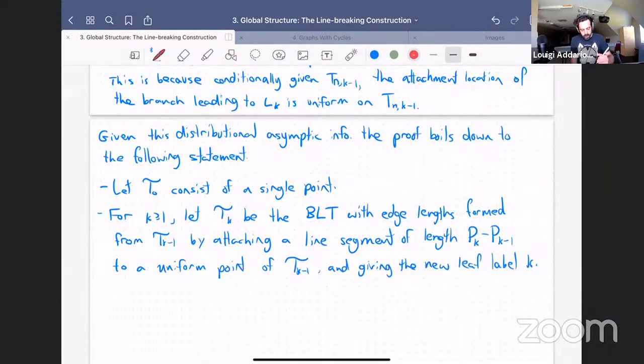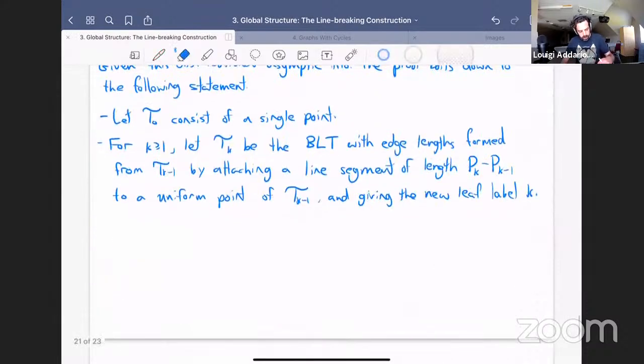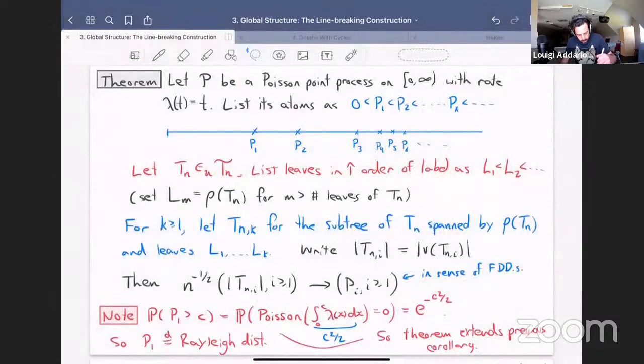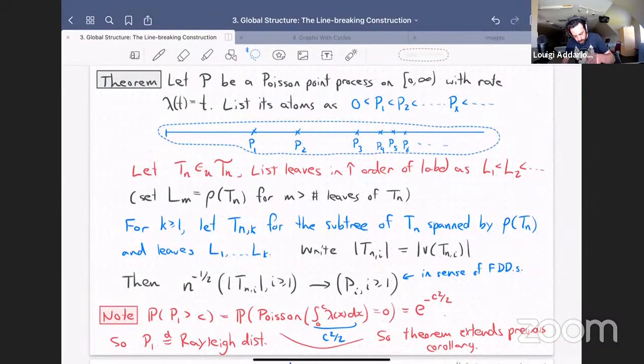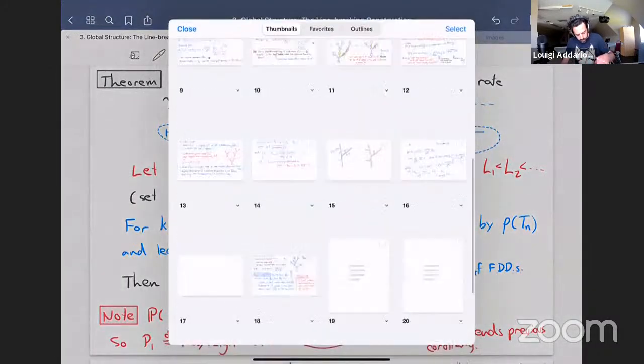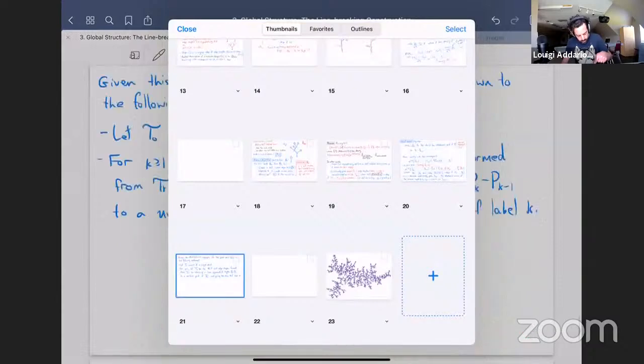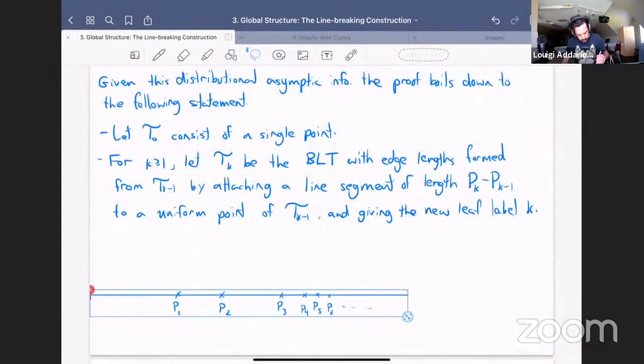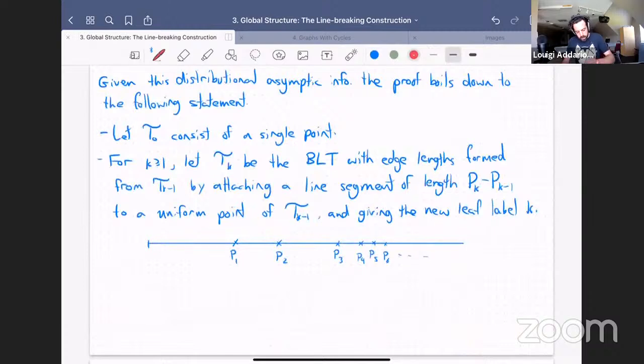Right. So what's the construction here? Let me grab my Poisson process. Our first tree looks like this branch here.